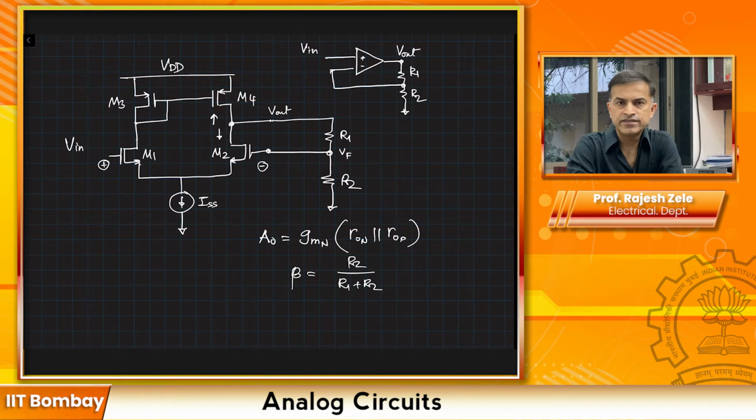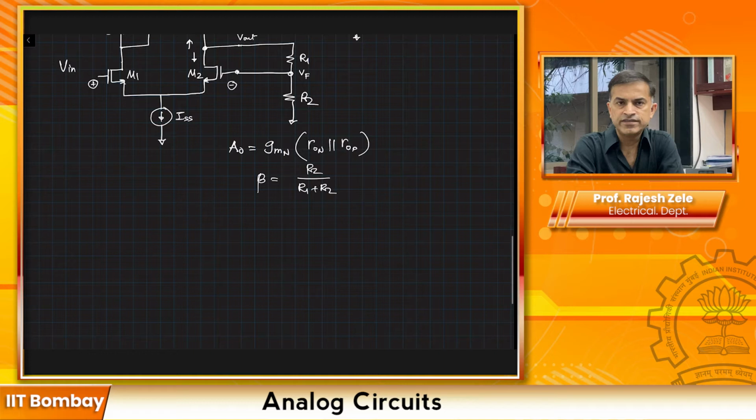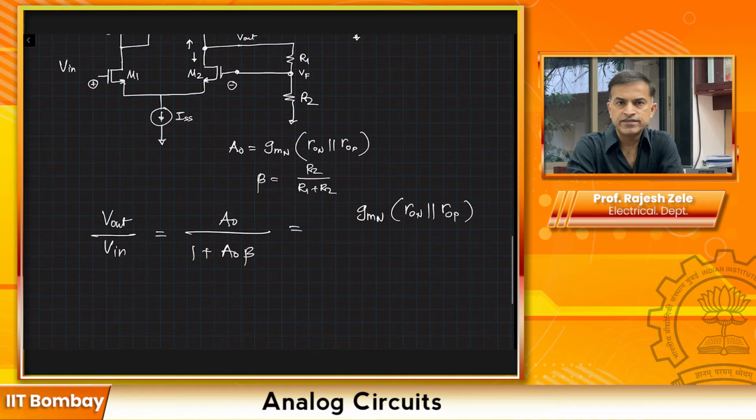Looking at this, you can tell that it's a voltage feedback. Our final expression for Vout divided by Vin will be A0 divided by 1 plus A0 beta, and that would be gmN times (RoN parallel RoP) divided by 1 plus R2 divided by (R1 plus R2) times gmN times (RoN parallel RoP).